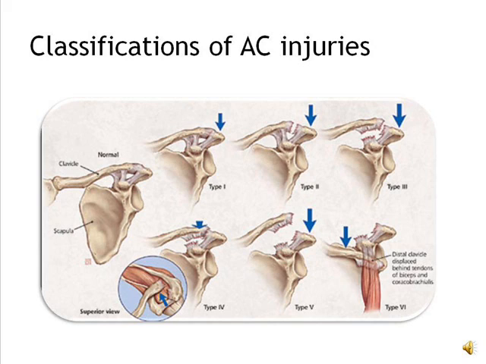And the last one, type 6, is as type 5, but with the clavicle detached inferiorly and displaced behind tendons of the biceps and brachioradialis.